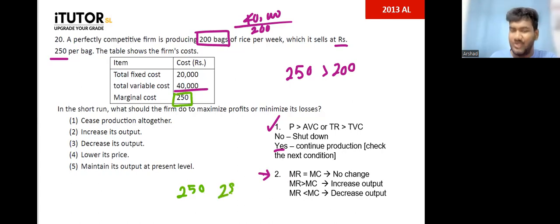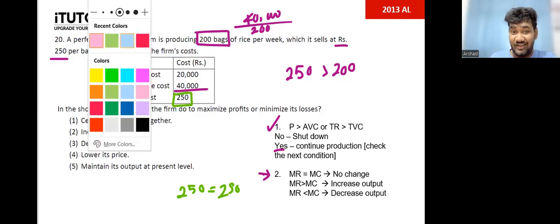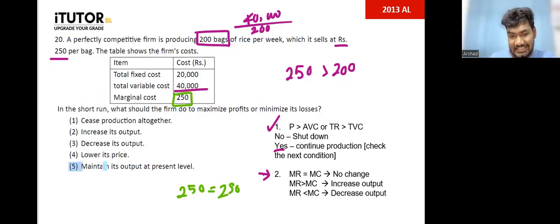So what should the firm do, guys? MR and MC are equal to each other. What should they do to maximize their profit? Cease production, increase output, decrease output, lower price, maintain output at the present level. They should not make a change. So the answer is: maintain output at the present level.